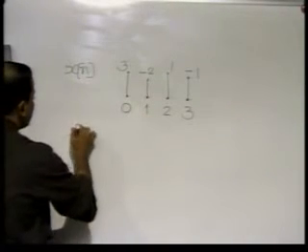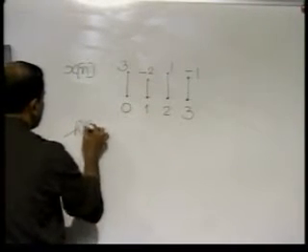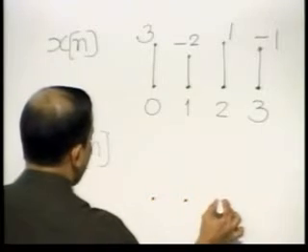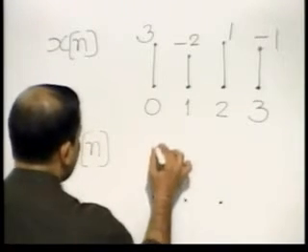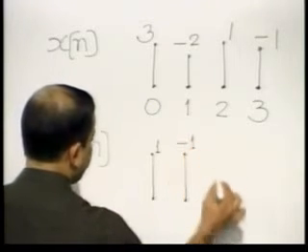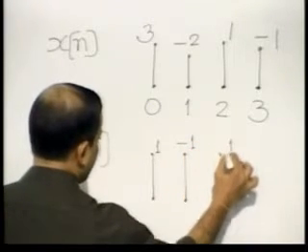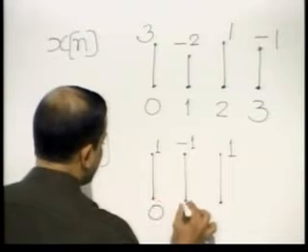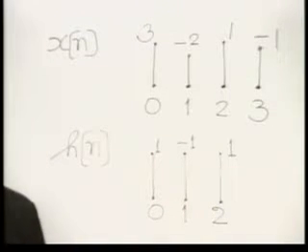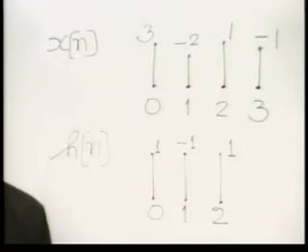We should also consider a sequence h of n given by the values 1, minus 1 and 1 at the points 0, 1 and 2. And we wish to convolve these sequences.